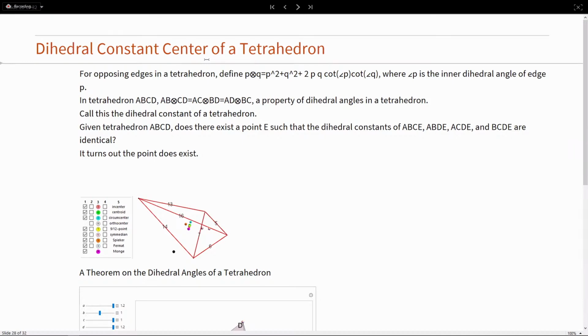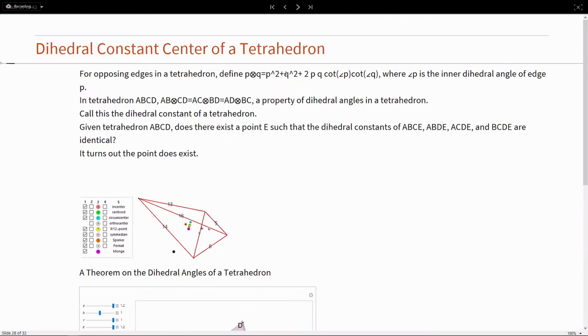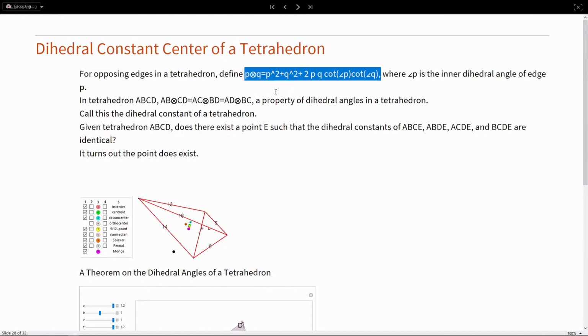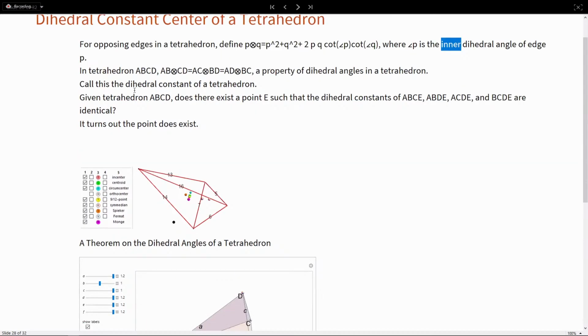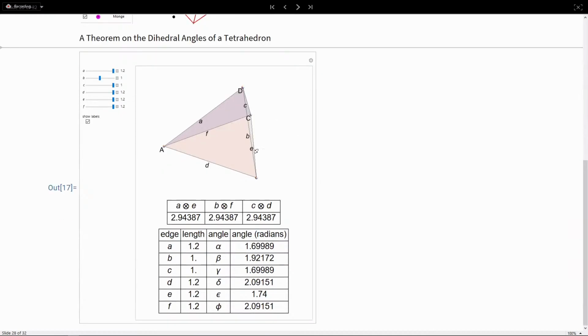One weird property of a tetrahedron is we can take the opposite edges and use this formula here to define the inner dihedral angle. And what we get is the dihedral angle constant.